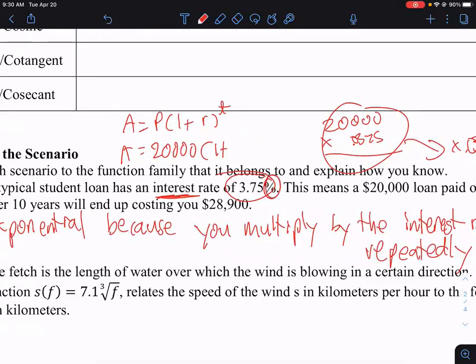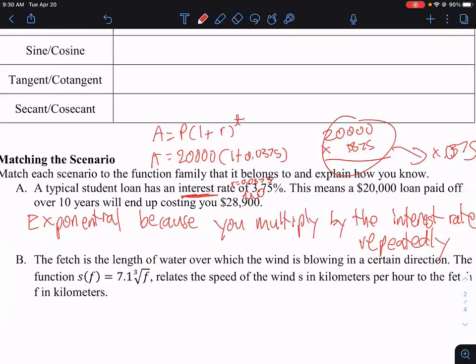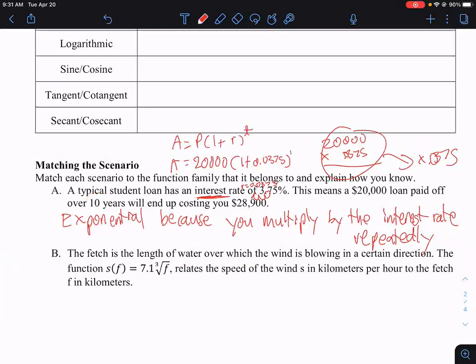So even though it's got a decimal point, it's not in decimal form yet because of the percent sign. So the way you convert the percent to decimal is you divide by 100, which is like moving the decimal point twice. Okay, and then t, the time, it takes 10 years.